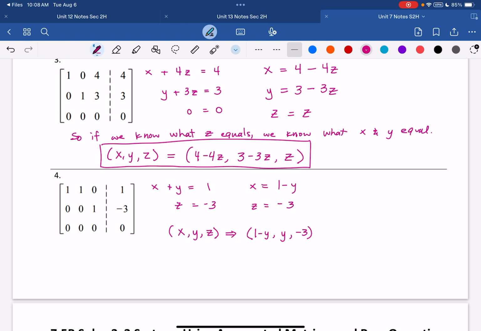Or if we had solved that top equation for y, and said y is equal to 1 minus x, once we knew what x equaled, then we could solve for y. We knew that z equals -3, so we would say x is equal to x. So then we could write this as x, y, z is equal to x, comma, 1 minus x, comma, -3.